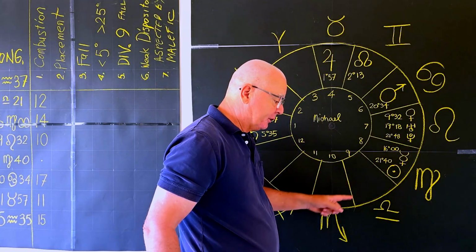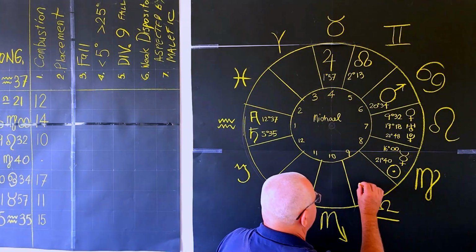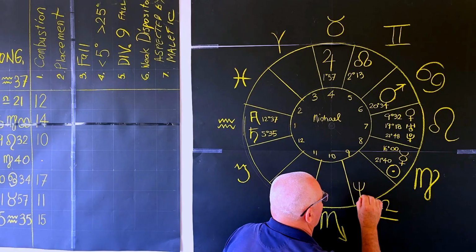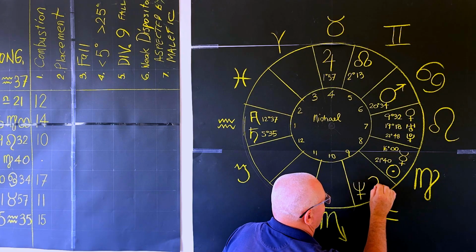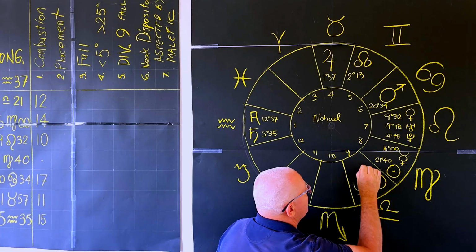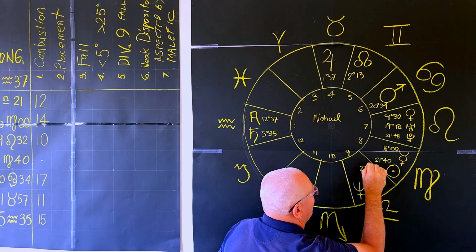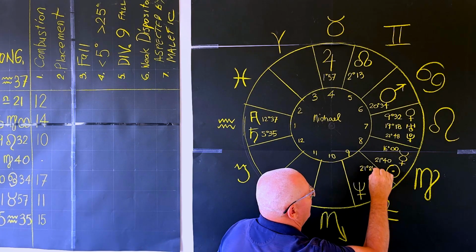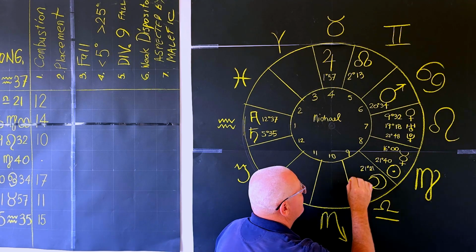In Libra, there's Neptune and the Moon. The Moon at 21 21. Neptune at 23 07.